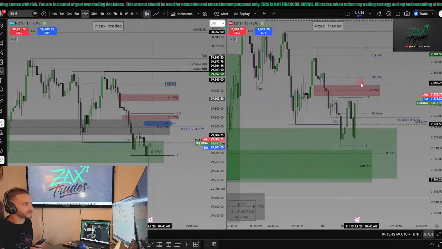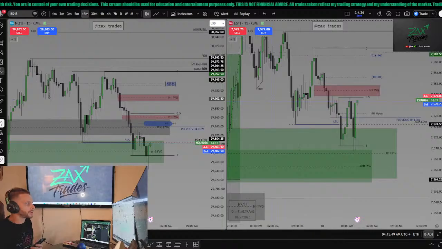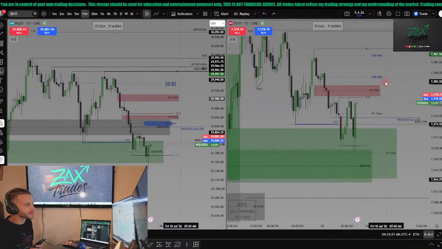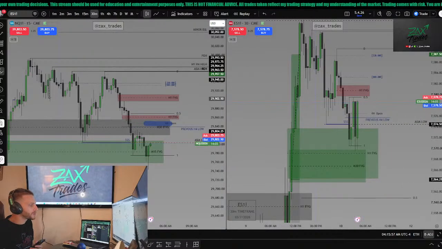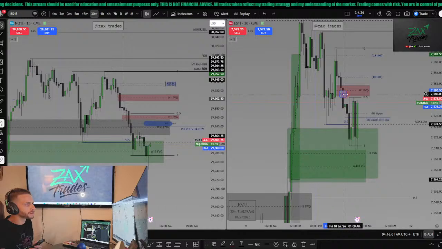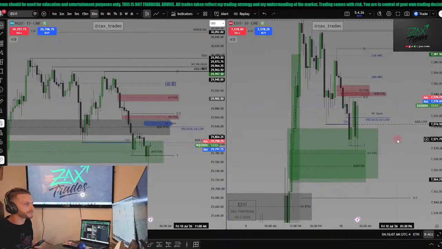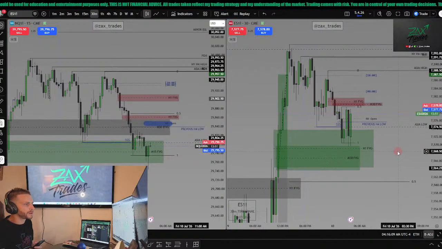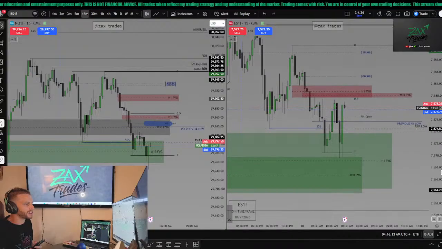I need this thing to get into this 1 hour and at least flip this, maybe this 30-minute right here. At minimum, flipping that 30-minute. 13 minutes left on the 30-minute candle.